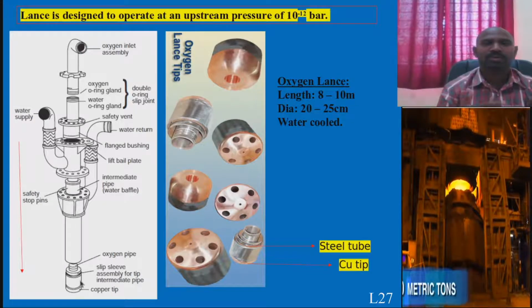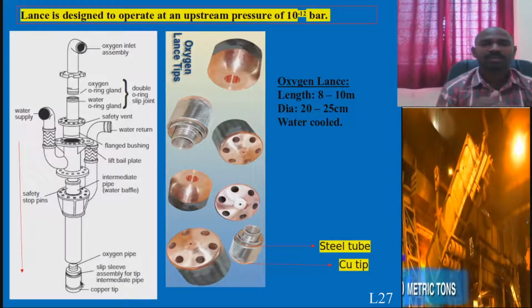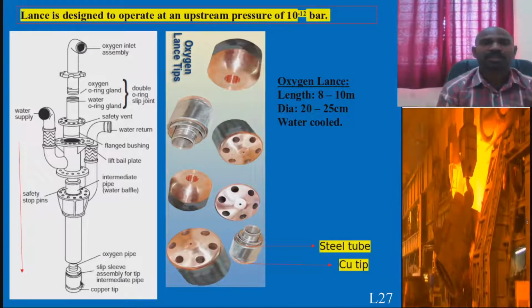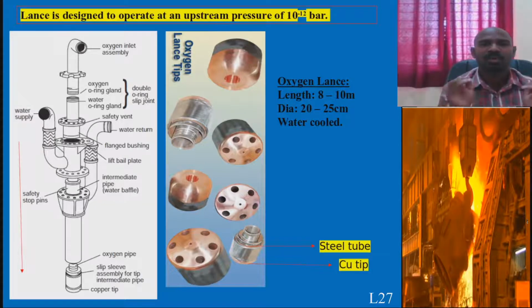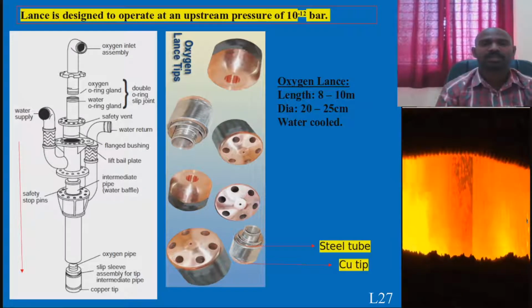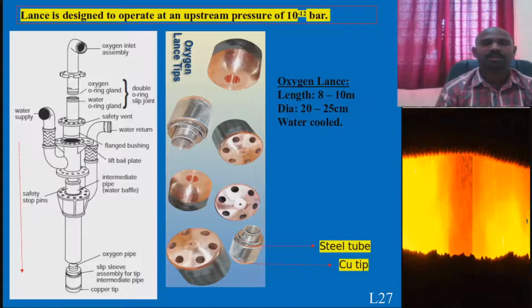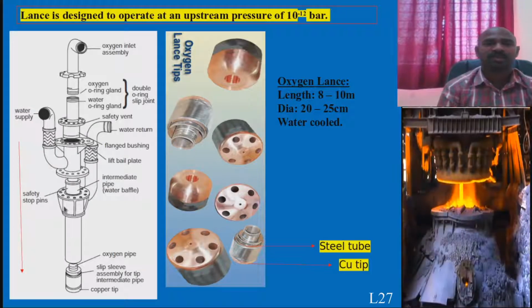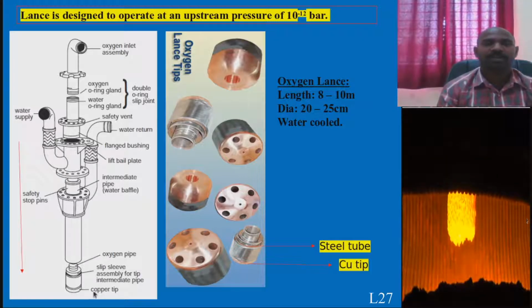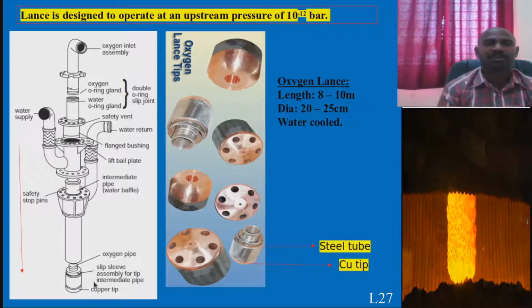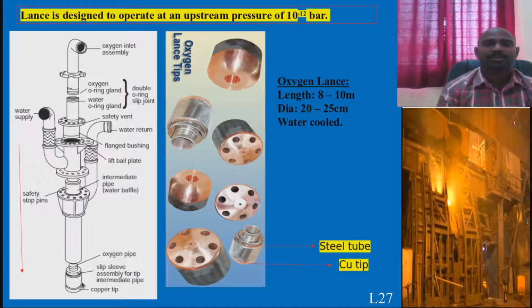It is going inside, but it is not dipped inside the molten steel. It resides over the molten steel, around 20 to 25 centimeters. That is why it is protected with the copper tip and steel tube.